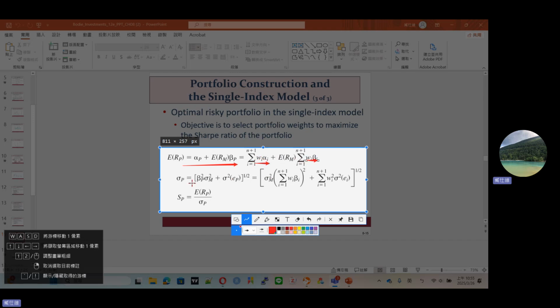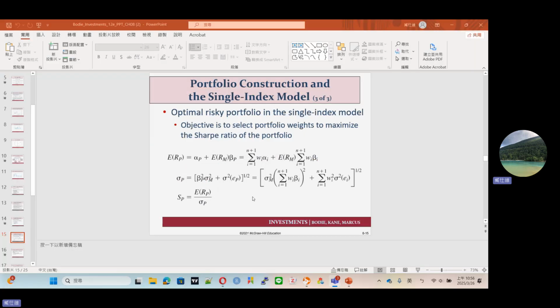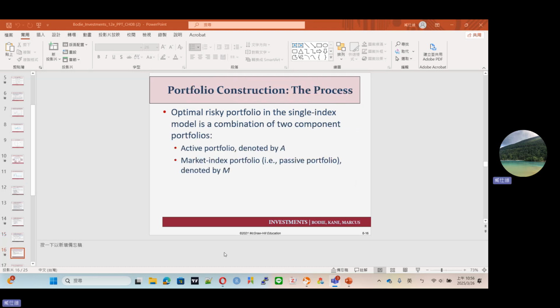Finally, you can also calculate sigma_P, and you can calculate the Sharpe ratio of the portfolio. Maybe this seems a little bit complicated, so maybe we can use different ways to explain this equation. Give me a minute.